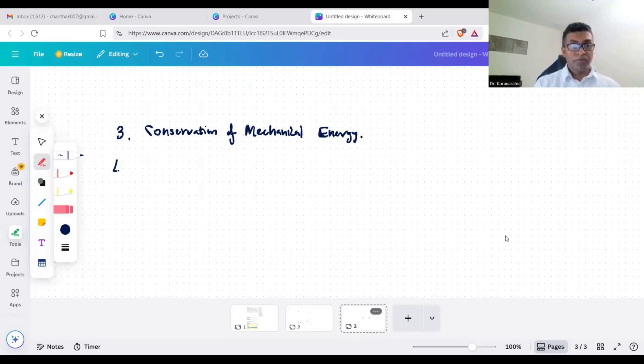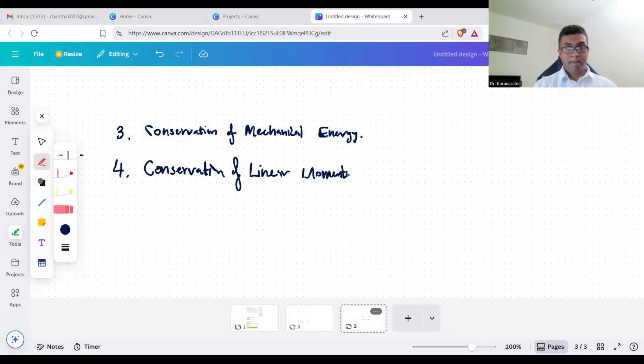Concept number 4 that you need to know: conservation of linear momentum. This is again something very important.